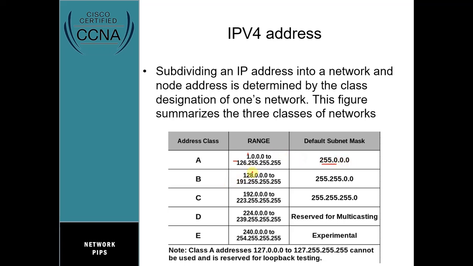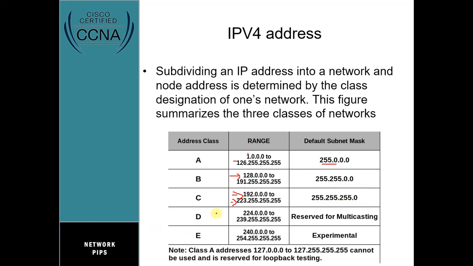Then we have class B, which ranges from 128 to 191, with a subnet mask of 255.255.0.0. Then we have class C, which is 192 to 223, with a subnet mask of 255.255.255.0.